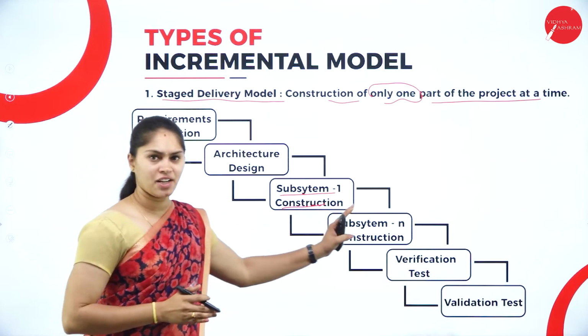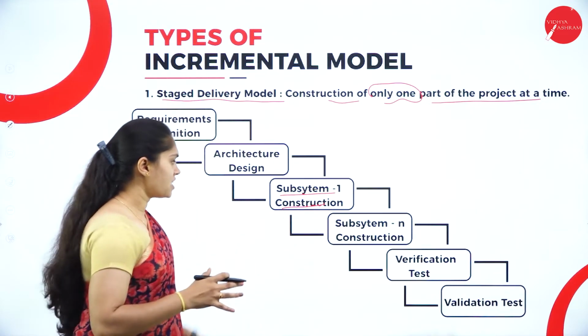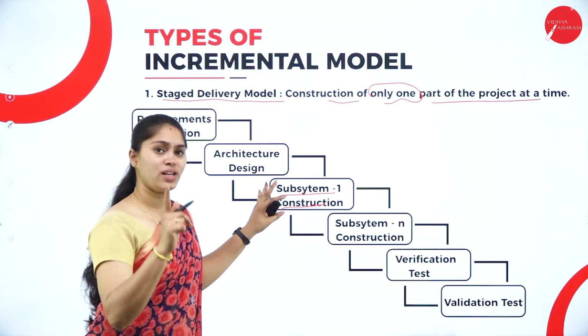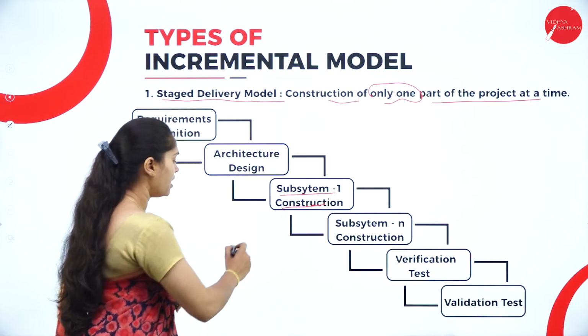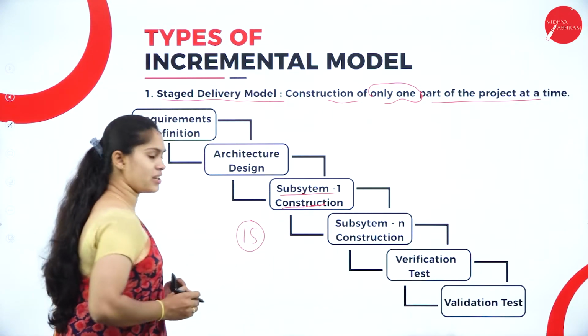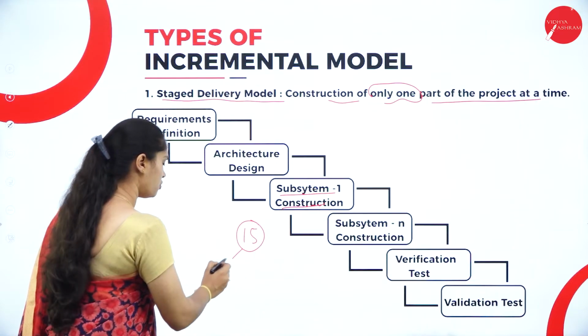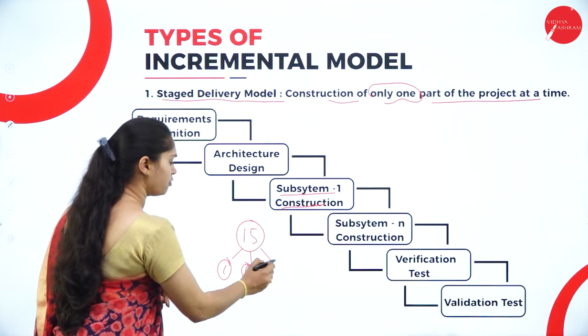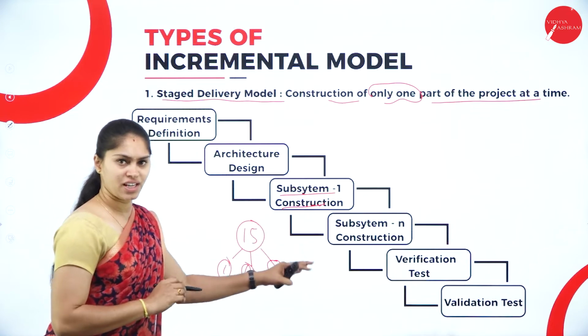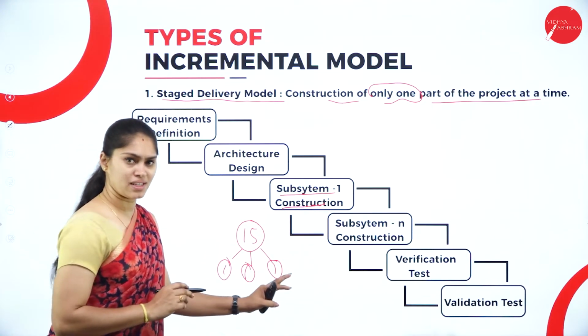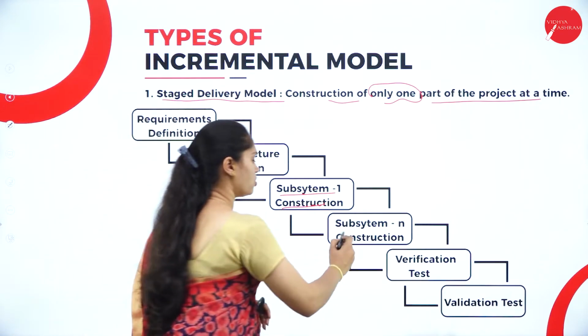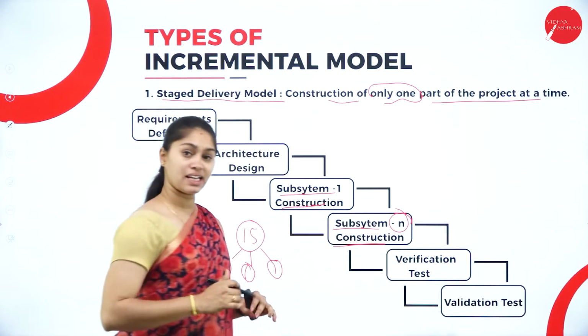It will be divided into a number of sub-modules and each sub-module will be developed only one at a time. For example, if I have 15 sub-modules in my system, all those 15 will be developed one after another, independently. Then we can reach the last level of the construction.